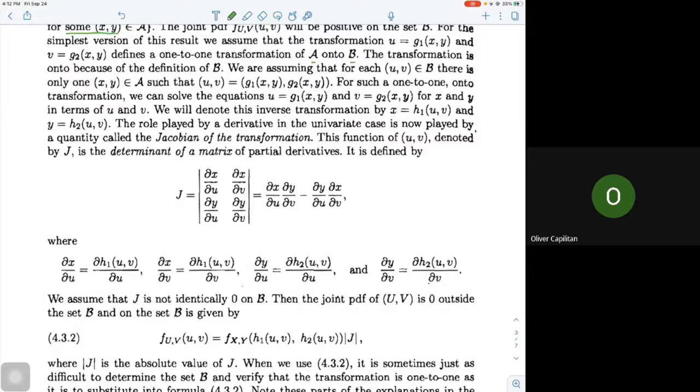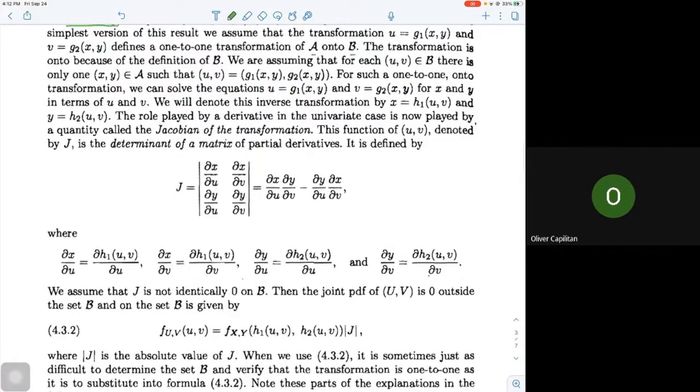At this time, in the bivariate case, we have the partial derivatives. So we have here the determinant of the matrix of partial derivatives.